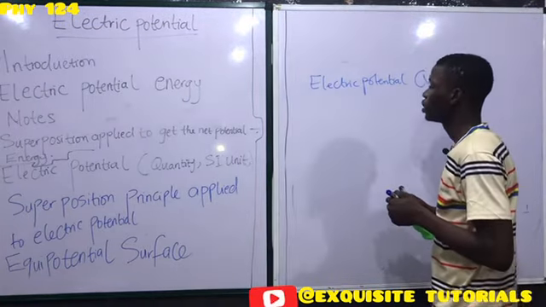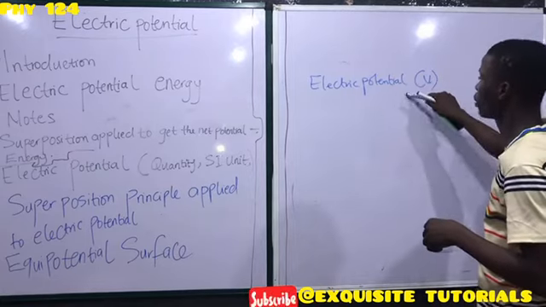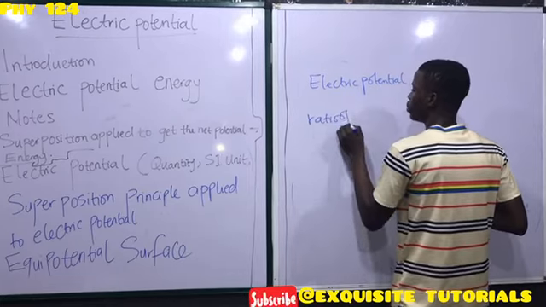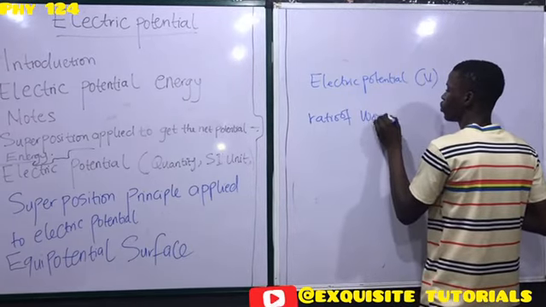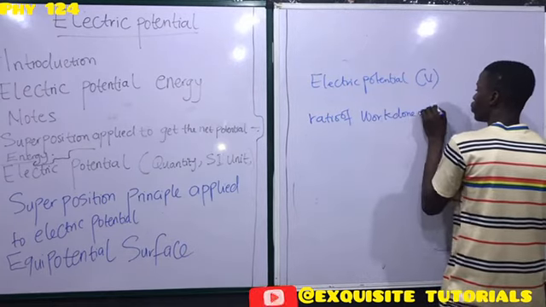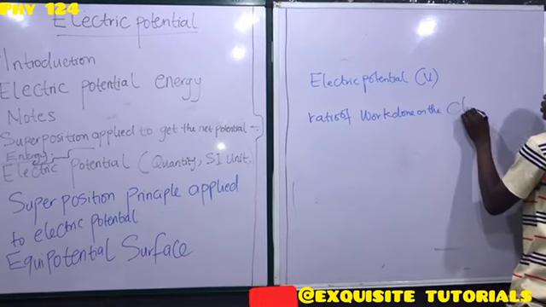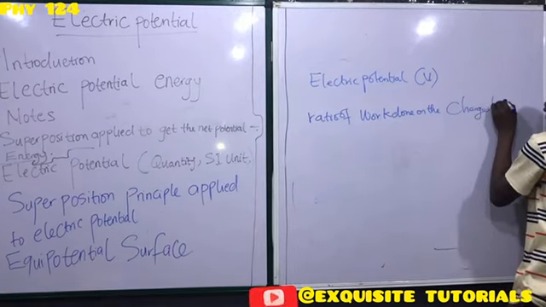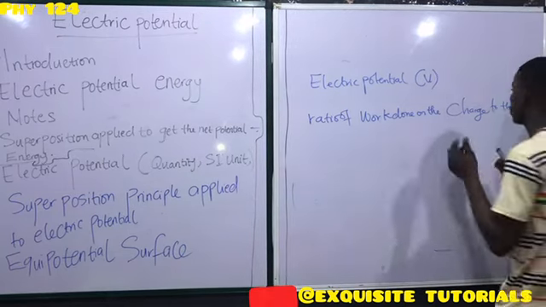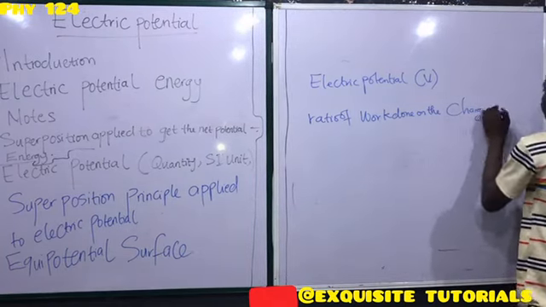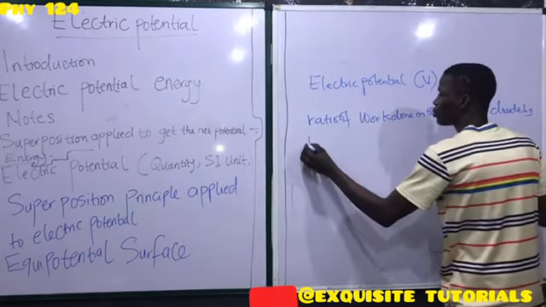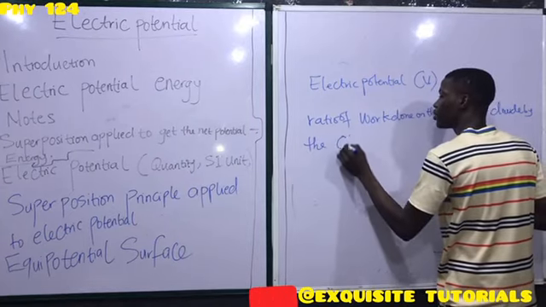Then the electric potential is the ratio of the work done on the charge divided by the charge itself.